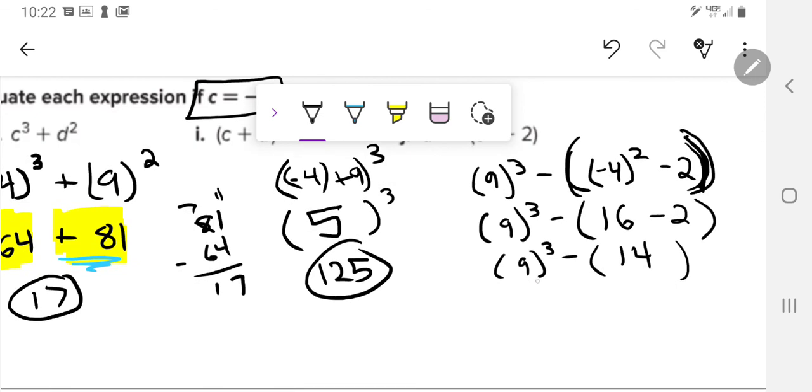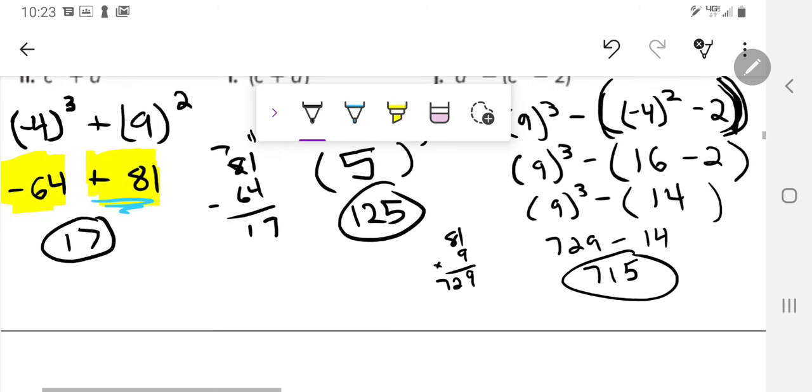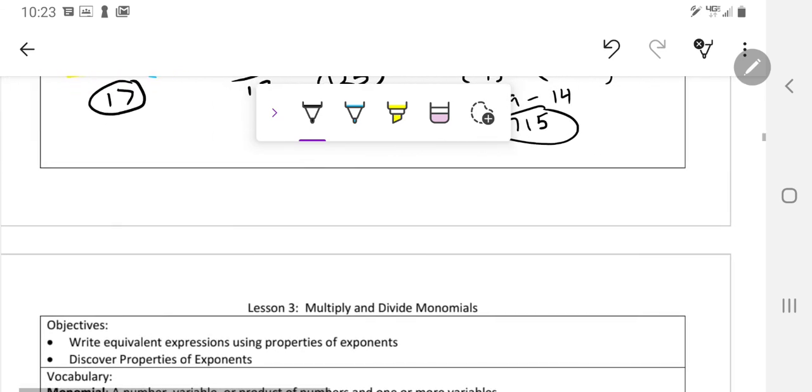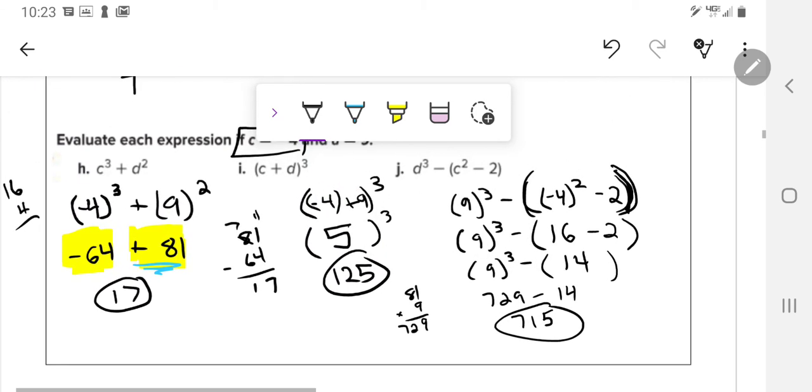GEMS, GEMS. Okay, so this is 9 to the third. 9 times 9 is 81, but do some scratch work off to the side. That's 729. So 729 minus 14, and we get 715. All right, so we're moving along, not too bad, and we are finished.